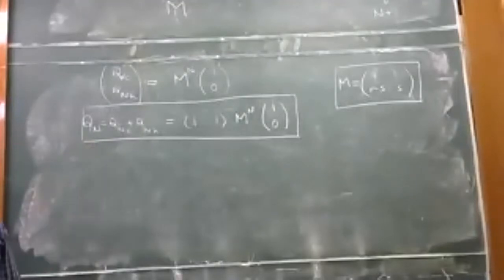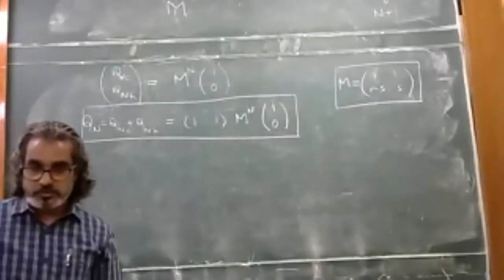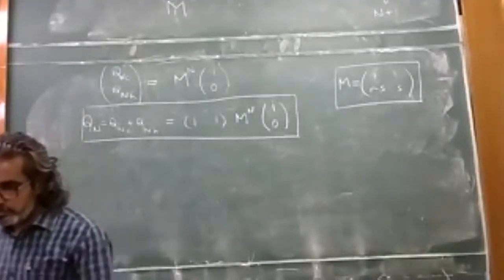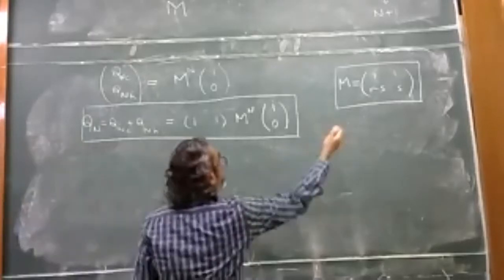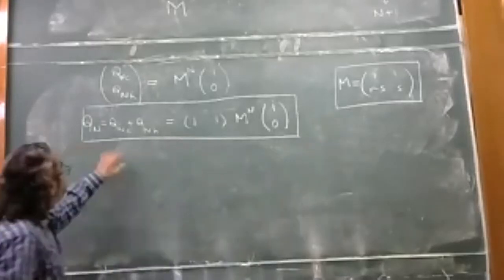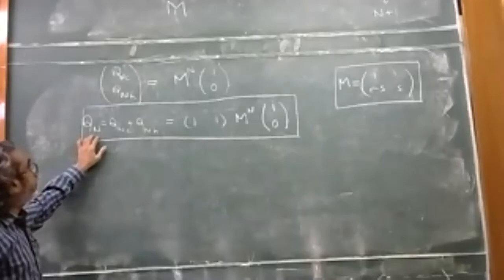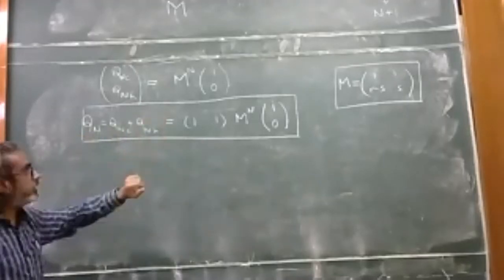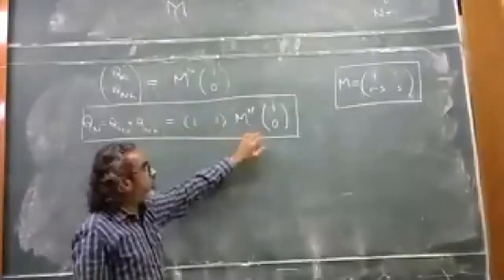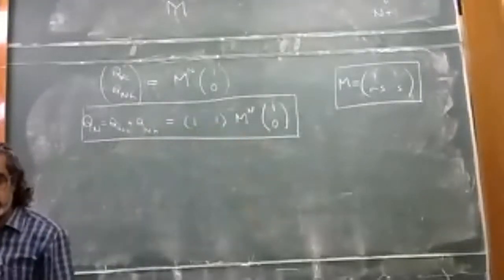So the question is, how to actually minimize this M? M we have written in terms of sigma and s, but it's good to have a simple expression for Q in terms of sigma and n. Now we have converted this into matrices.